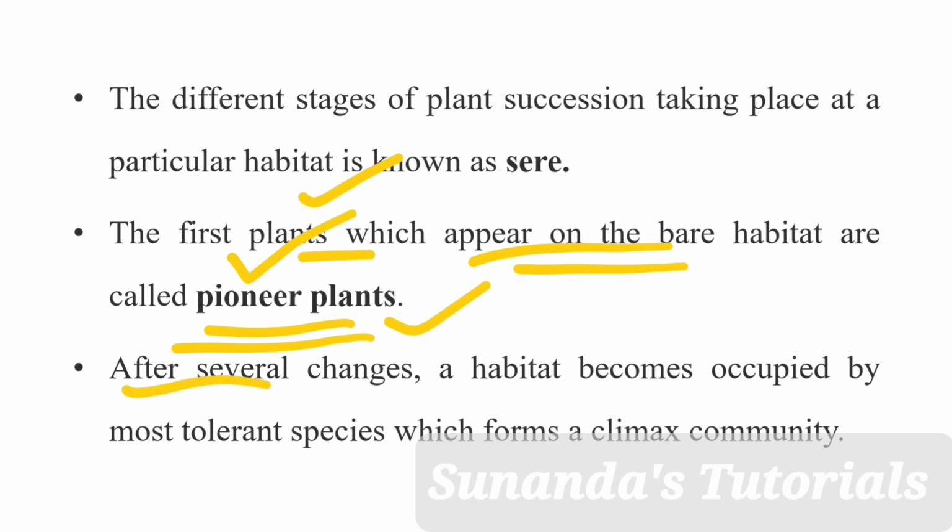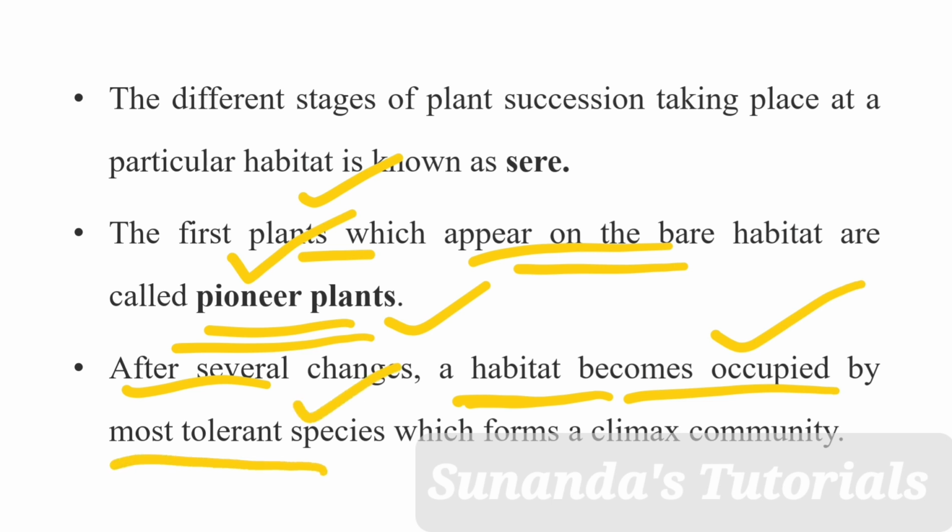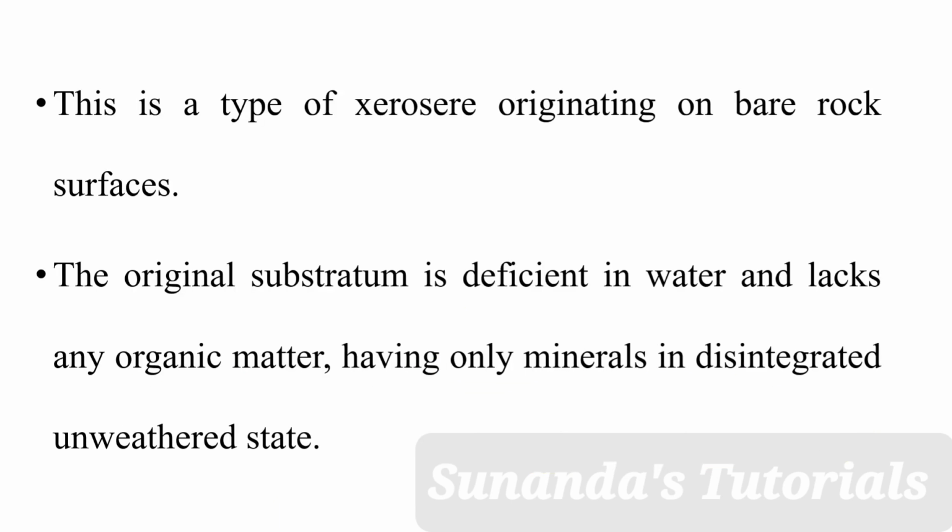After several changes, a habitat becomes occupied by more tolerant species, because succession is the process of gradual change from a stable community to a more stable community. So that habitat becomes occupied by more tolerant or more stable species, which form the climax community. Then what is Xerosere?